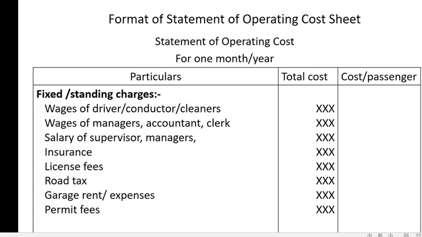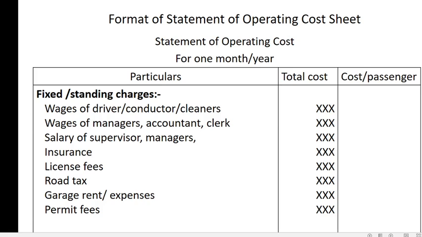Now we come to the format of statement of operating cost sheet. In this, we have taken the format of statement of operating cost sheet for a transport company. So in this format, we have taken the fixed charges.